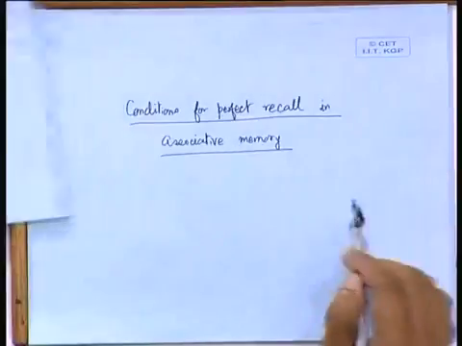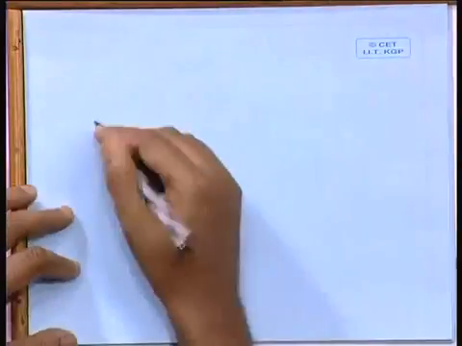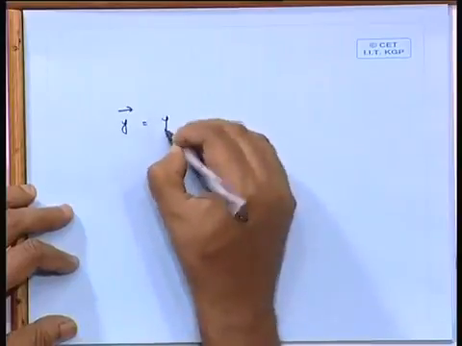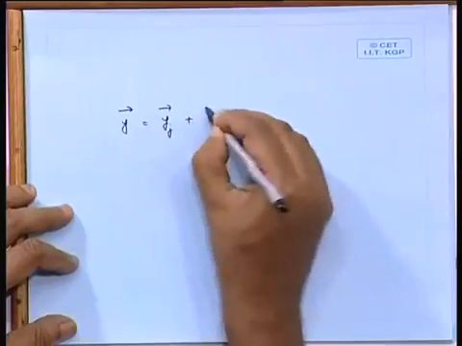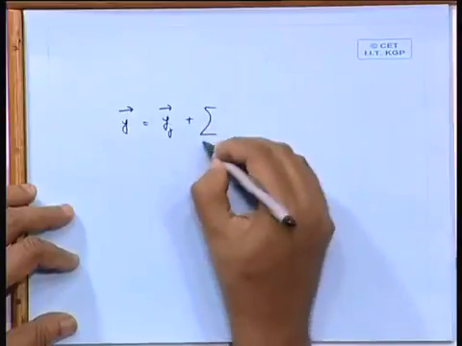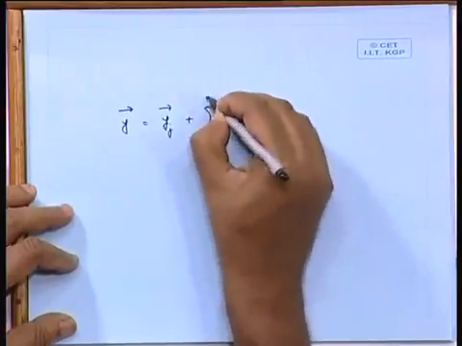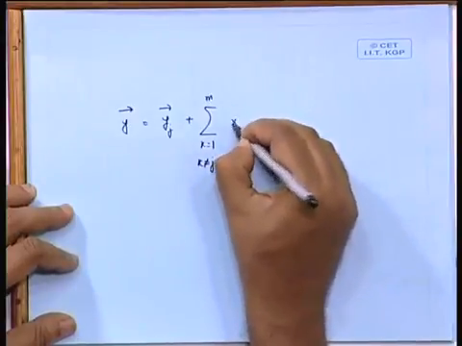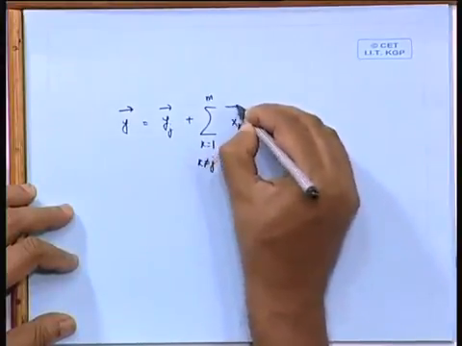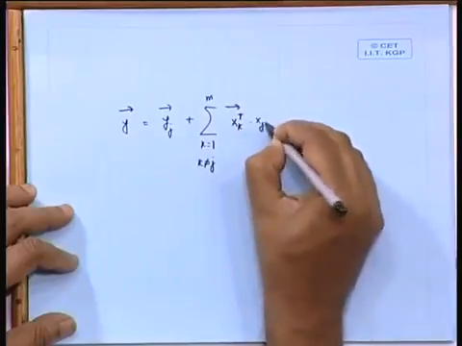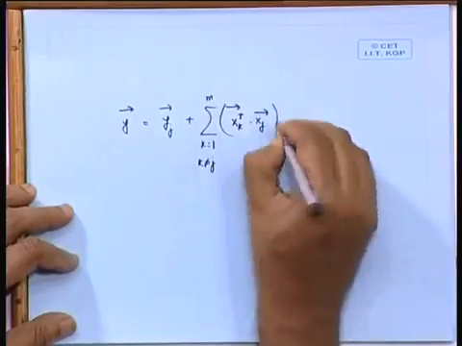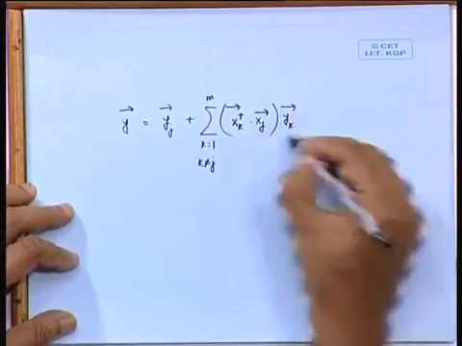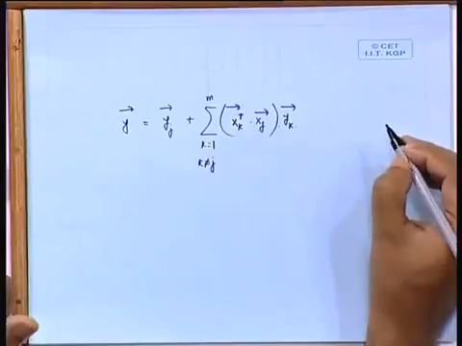We have already obtained that Y is equal to Yj plus the summation for k equal to 1 to m and k not equal to j, of xk transpose vector and xj vector, the product of these two, times yk vector. Okay, so this is the relation.